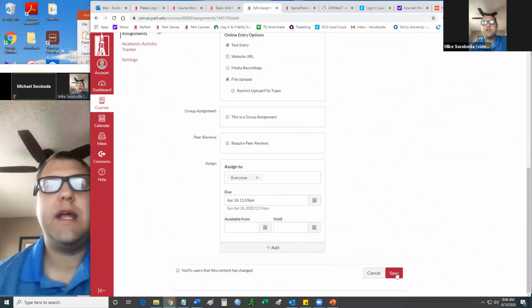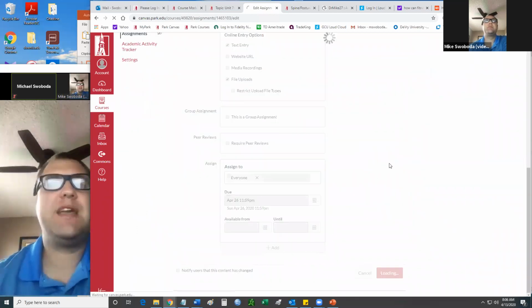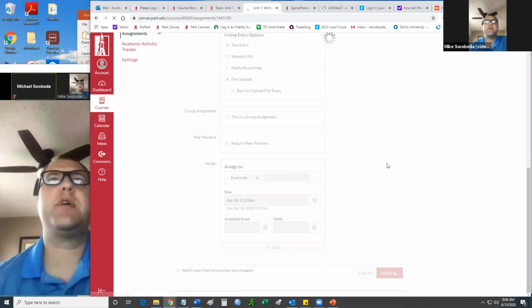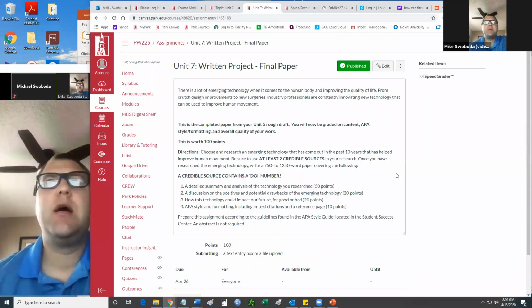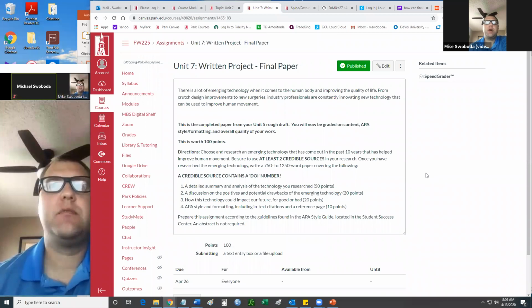So a credible source is going to be one that contains a DOI number. DOI stands for Digital Object Identifier, but that just means that it is a scholarly publication. You only get a DOI if you have published work. So it's going to be something that's academic if you find a DOI number.